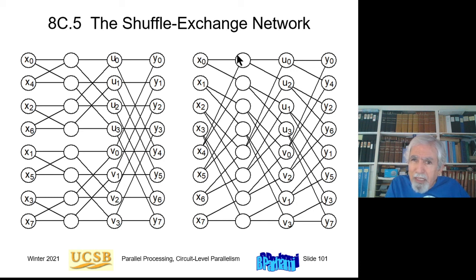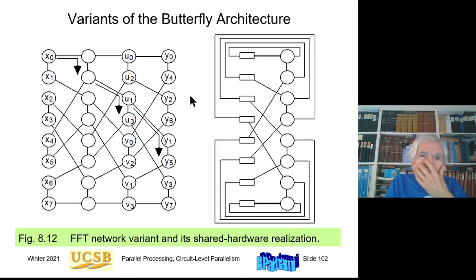So x0 is connected here, x1 is connected here, x2 is connected here, and so on. Connections are also established between these. Okay, so that's basically this new version with even fewer connections.